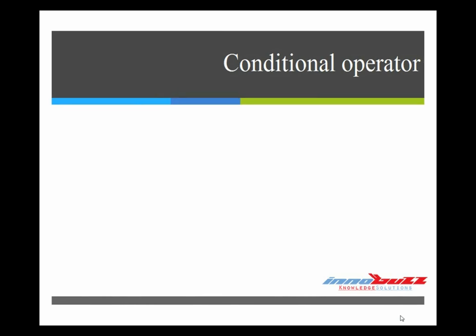This operator consists of 5 parts: the condition test inside round brackets, the question mark, the statement to execute if the condition is true, a colon, and another statement that is executed if the condition was false.